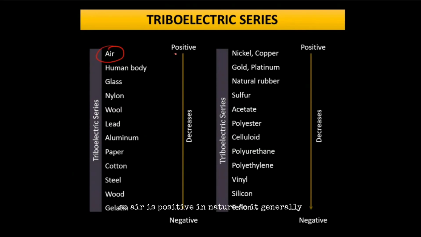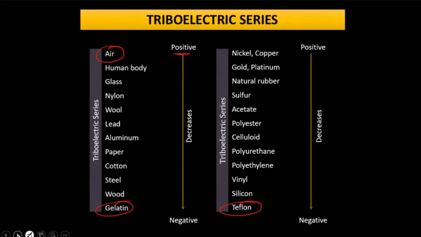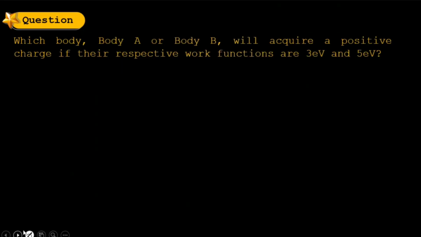Air is positive in nature, so it generally loses electrons, whereas gelatin gains electrons. Teflon also gains electrons. This is just here for your reference. You might see them somewhere, but not in any case, I guess.